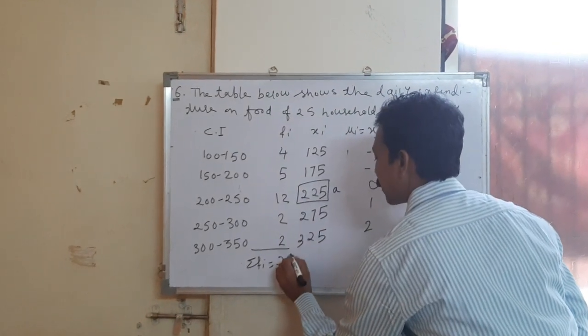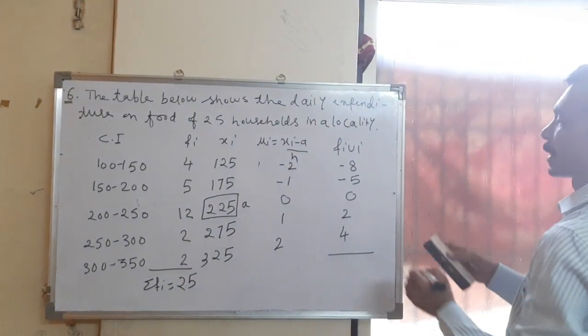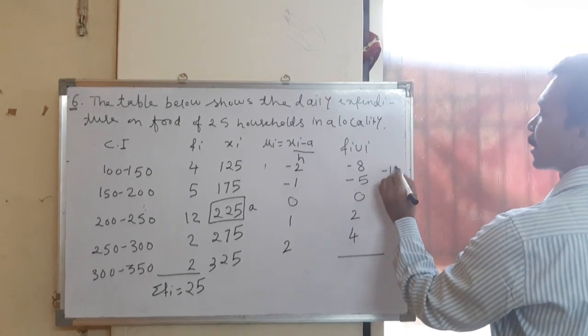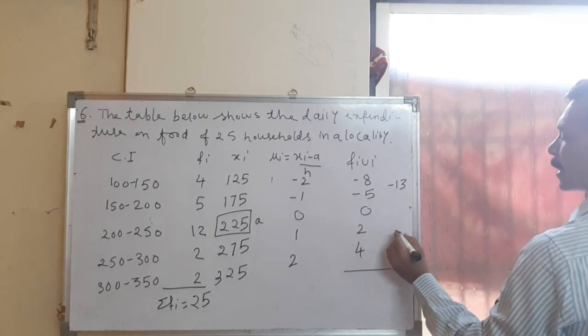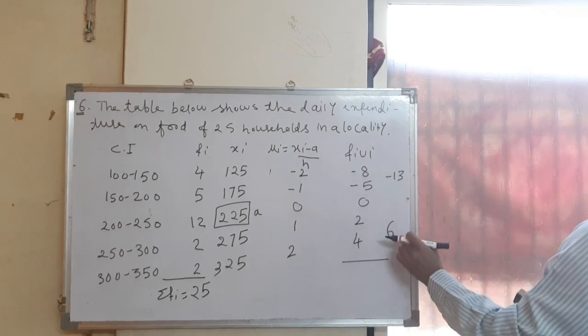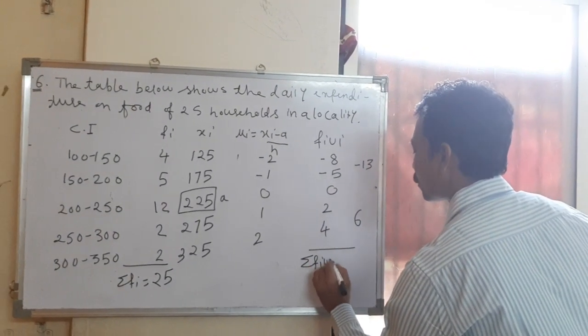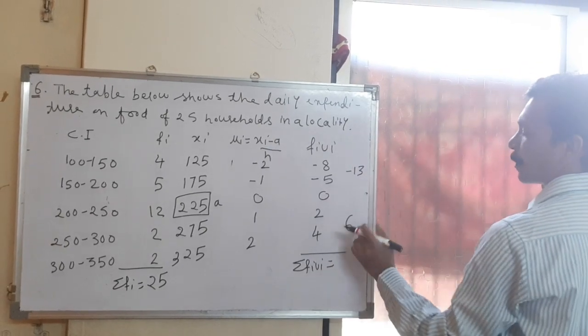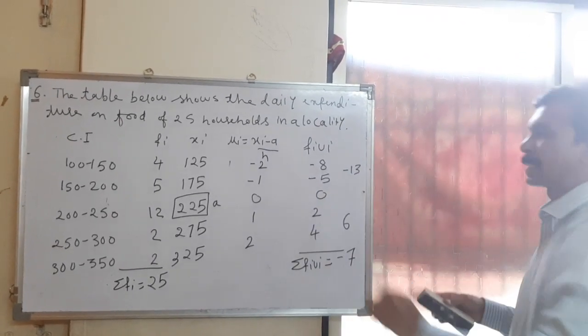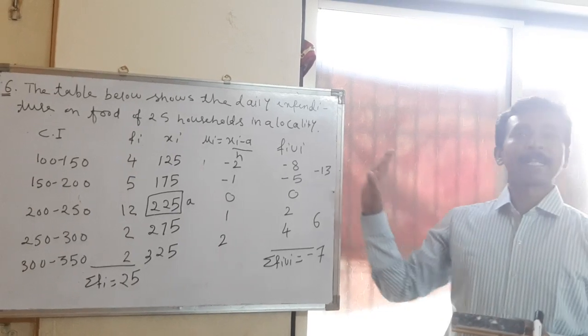That becomes 25. Now summation of fi ui. Minus 8 minus 5 is minus 13. 2 plus 4 is 6. Minus 13 plus 6 is minus 7. So the table is ready.